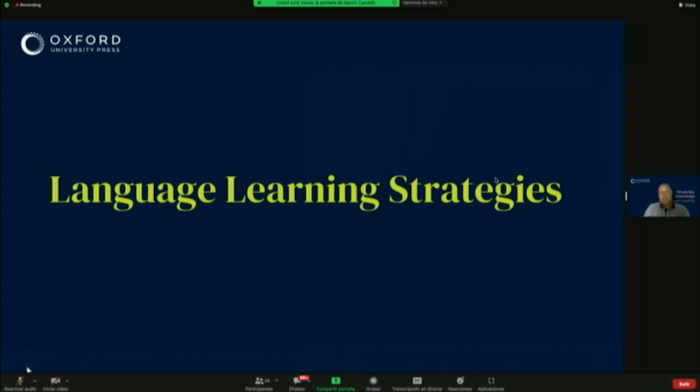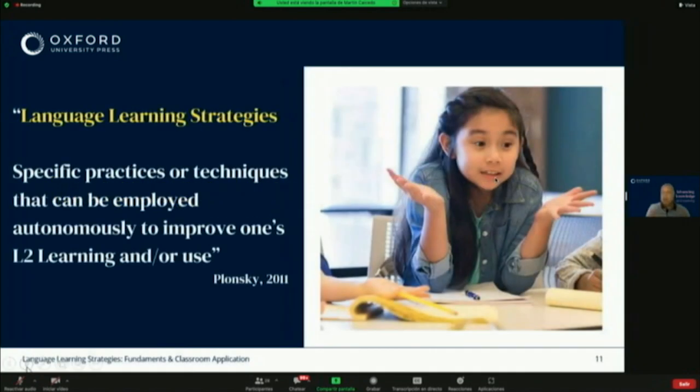Now, according to experts, and there are many definitions, language learning strategies are specific practices or techniques that can be employed autonomously to improve one's L2 learning and/or use. Now let's concentrate on two words, techniques and autonomously.